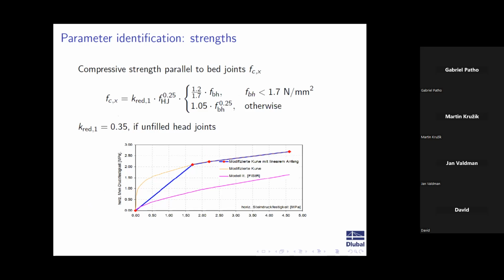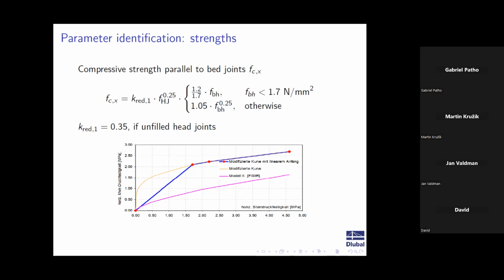Okay, so what about the other direction? So our weak axis. Here we are getting into some shallow waters. The Eurocode doesn't really deal with that. You do not have much data at hand. So what our colleagues did at the Graz Technical University, they looked at some recommendations from the German codes.